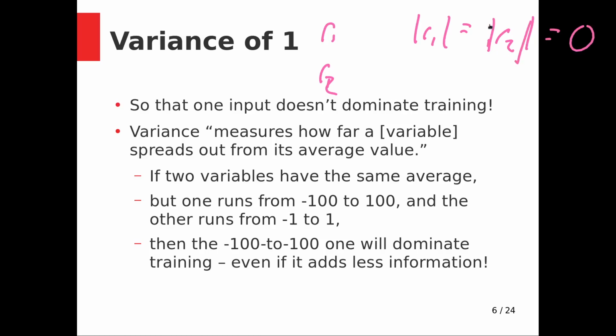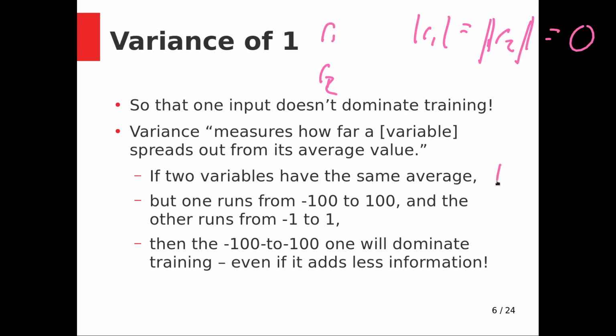And here I'm using double bar to denote average, right? But one of them might have very extreme values, right? R1 might run from -100 to 100, while R2 only runs from -1 to 1.